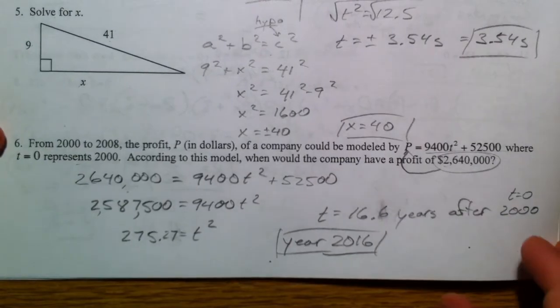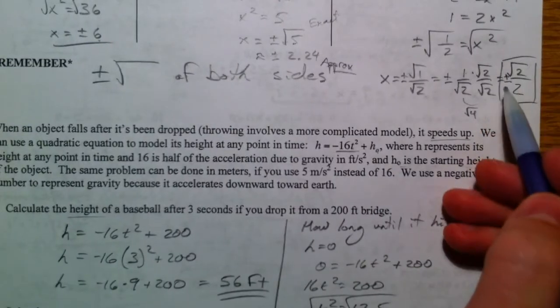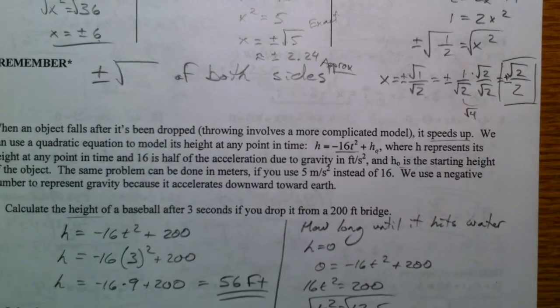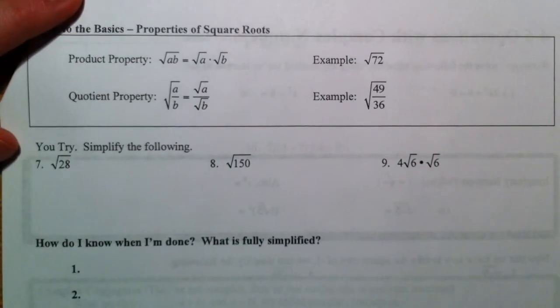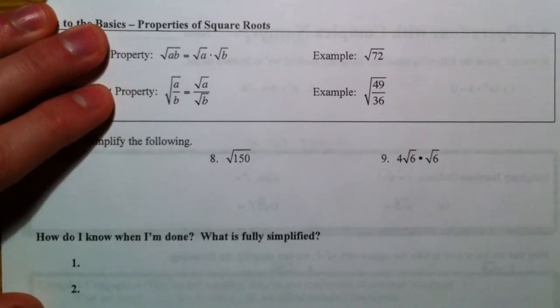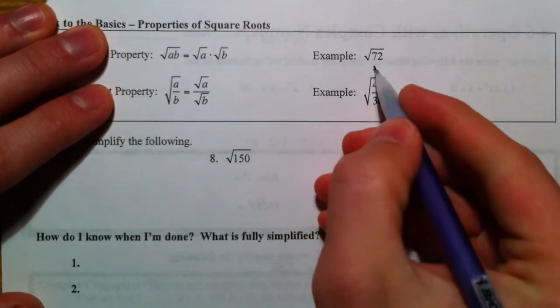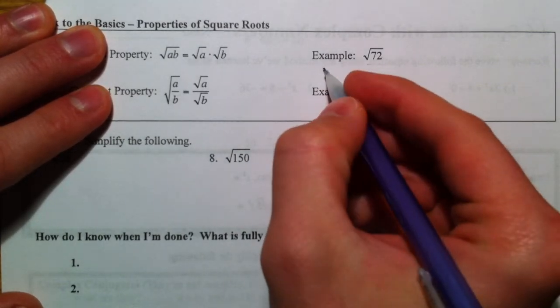So, on to what happens sometimes, like what we saw with number 3, that we have to be able to deal with square roots and rationalize them and simplify them. And so we're going to get back to the basics of something you've probably seen before, hopefully, like reducing square roots. You might have made factor trees before.